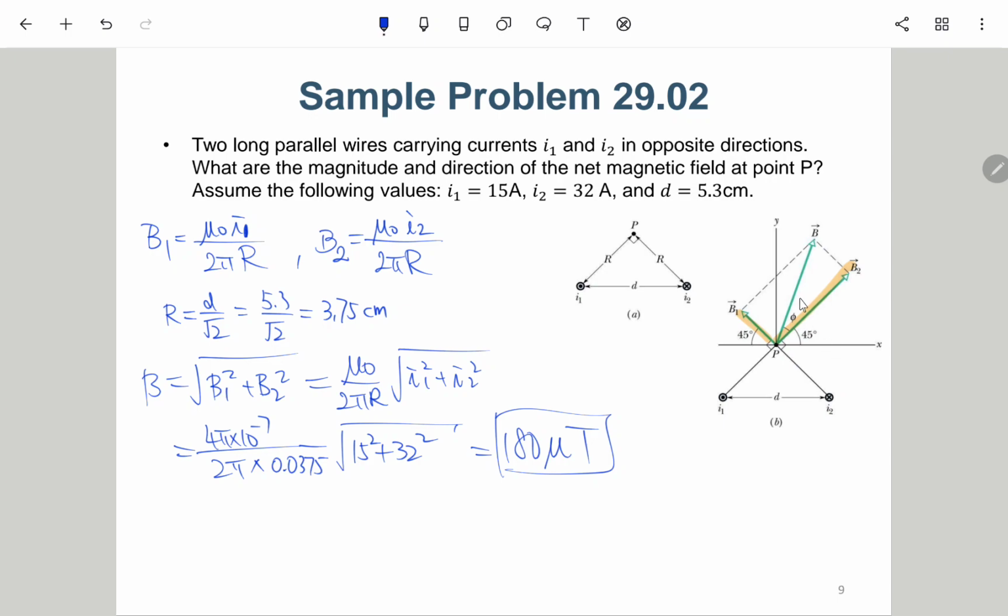But a quicker way to do this is to find this phi, and then add 45 degrees. We already know that this is 45 degrees. Okay, this is also 45 degrees. So we can just find this phi quickly using phi equal to arctangent of B1 over B2. So it will be actually arctangent of I1 over I2. Okay, we can just plug this one and this one into here.